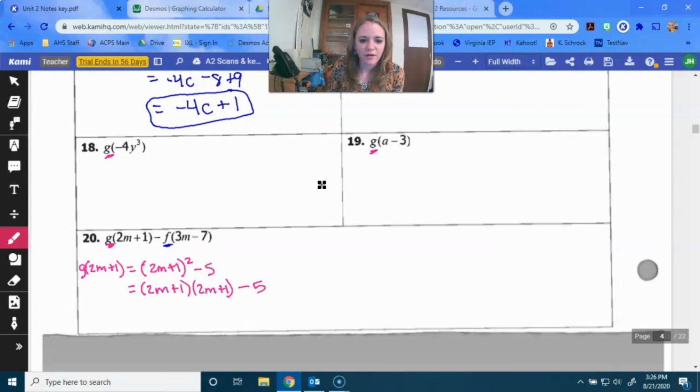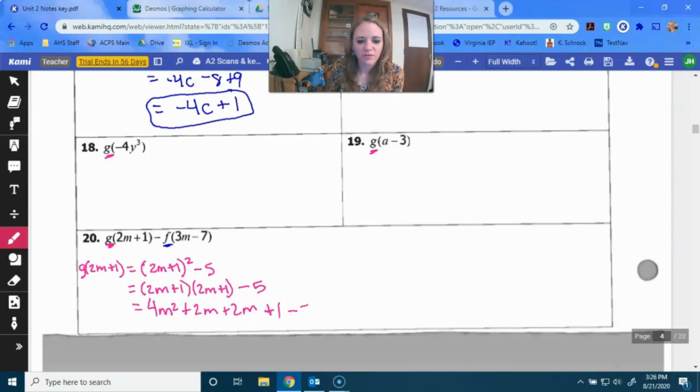So you write this out. If it's squared, it's times itself. So literally write it out like that, times itself. And then you have to do FOIL. Remember FOIL first. So 2m times 2m is 4m squared. And then plus 2m plus 2m. 1 times 1 is plus 1.